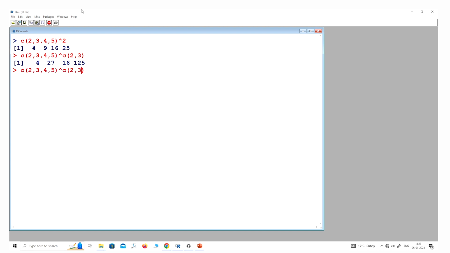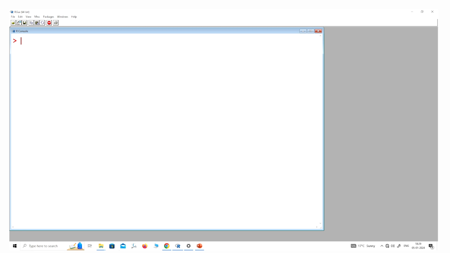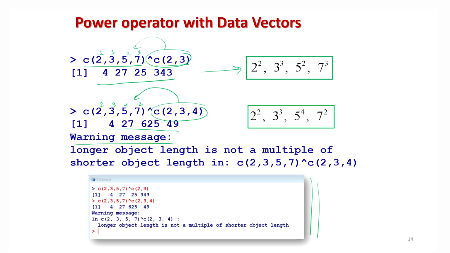And if I take the 2 data vectors of the same length, the power operator is going to be like this. And if I reduce the length in the second data vector, which is not an exact multiple, then it is giving us the warning message, and the answer is here. Right. So you can see it is not a very difficult thing, but the main thing is to understand what we are going to do.